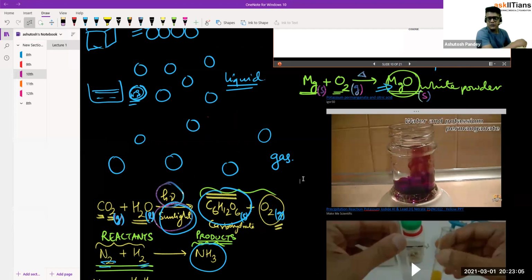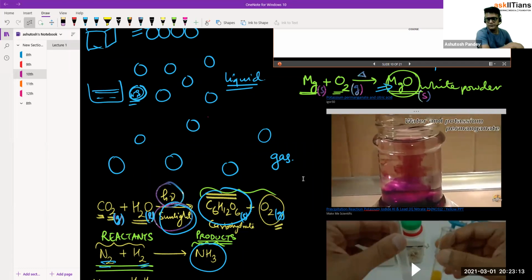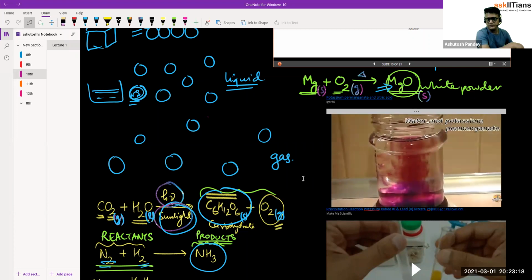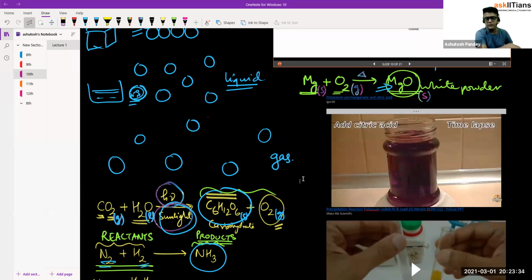So here water was there, and then potassium permanganate is mixed. Now stirring is done, to have uniformity, so uniform color all throughout the volume of the solution.